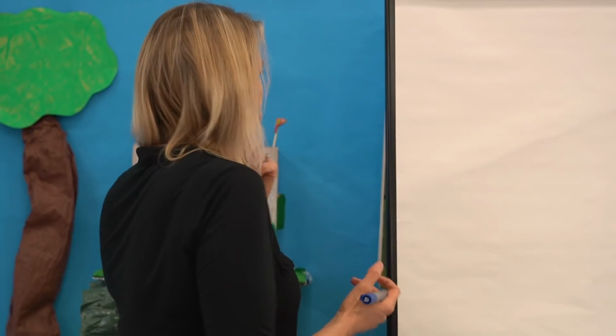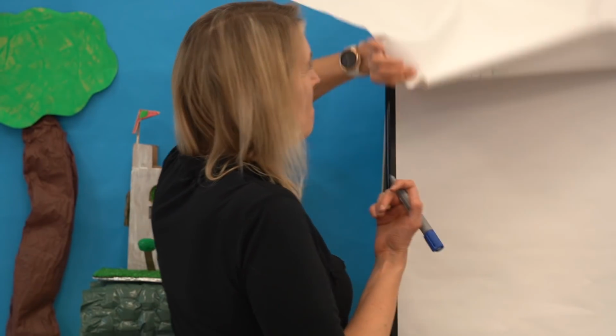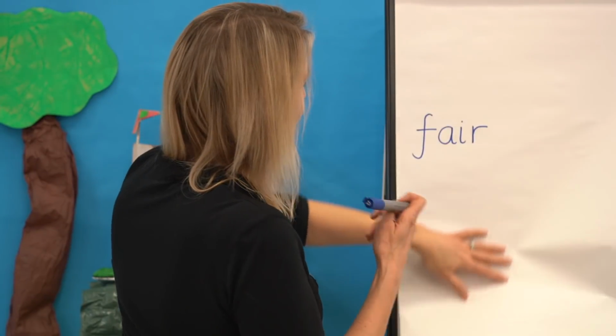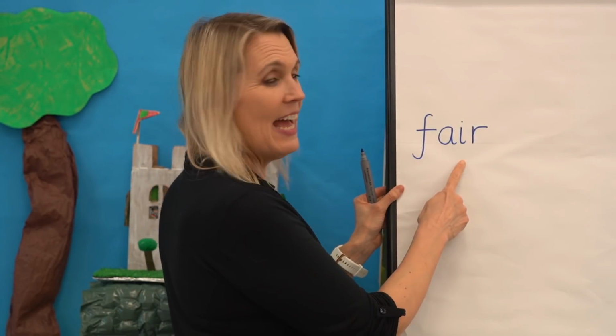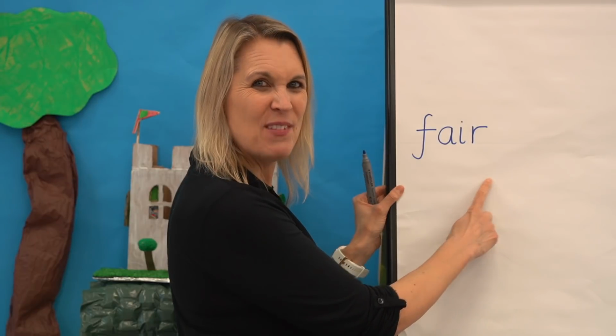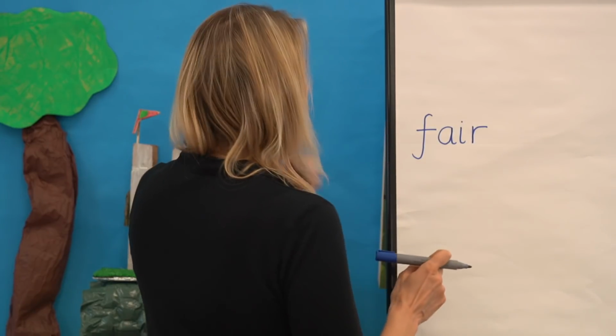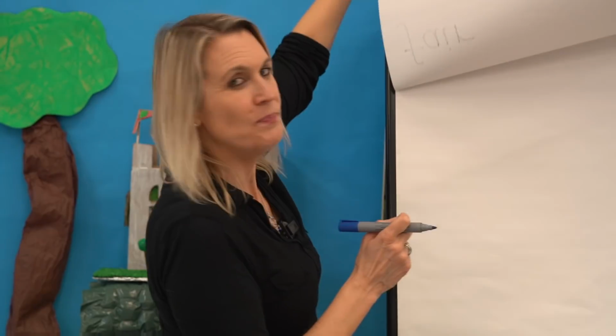Good, well done. Keep going. Are you ready to check? Let's check our spelling. Show me your spelling. Let's have a look at mine. Air, fair. Did you get it right? Well done. Let's try another one.